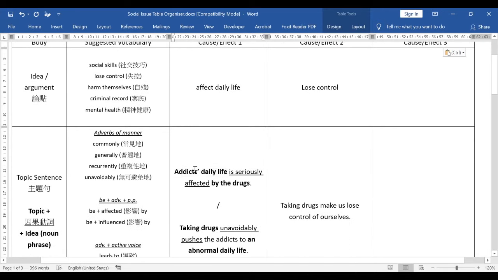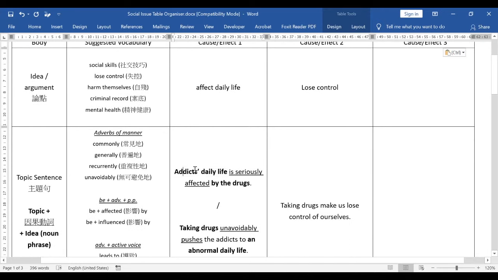And to make your topic sentence look even more grand, even higher level, you can put in some effort. Try to open your vocabulary book and get a page to jot down these kinds of adverbs. It makes your writing a lot more sophisticated.